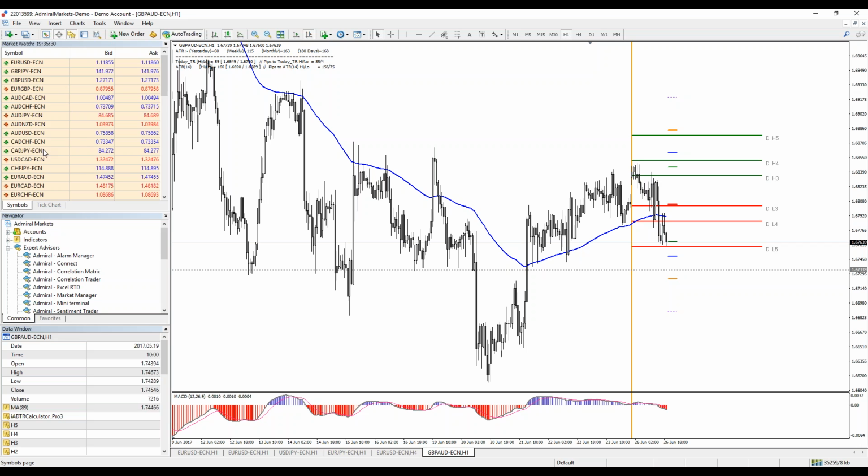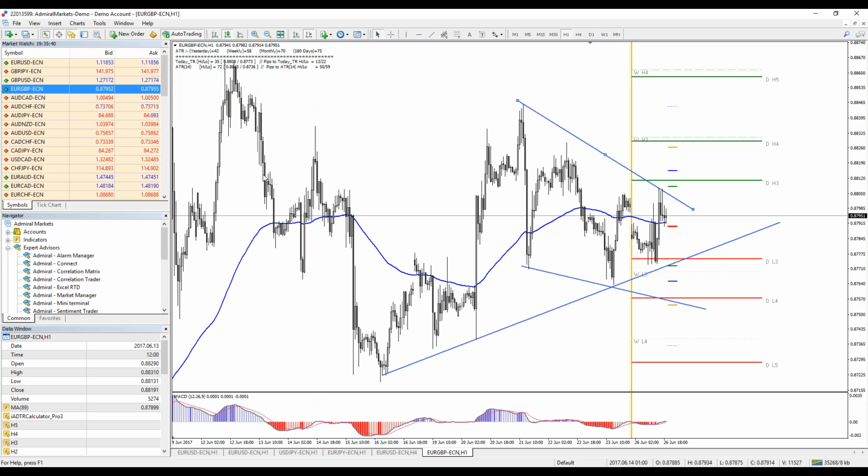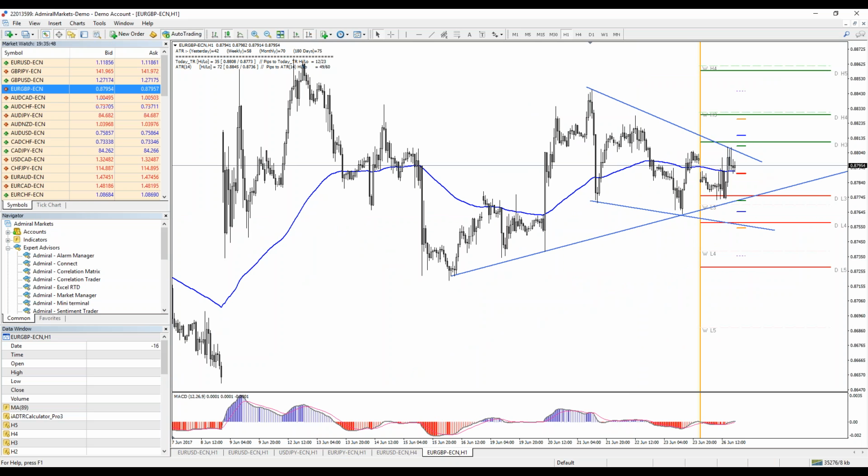I'm not sure that you paid attention to, but I already did a Euro GBP. Let me just find where the pair is here. It's a ranging price, possible rejection. When one of these levels breaks, I think that will be a signal for upward continuation or downward movement.